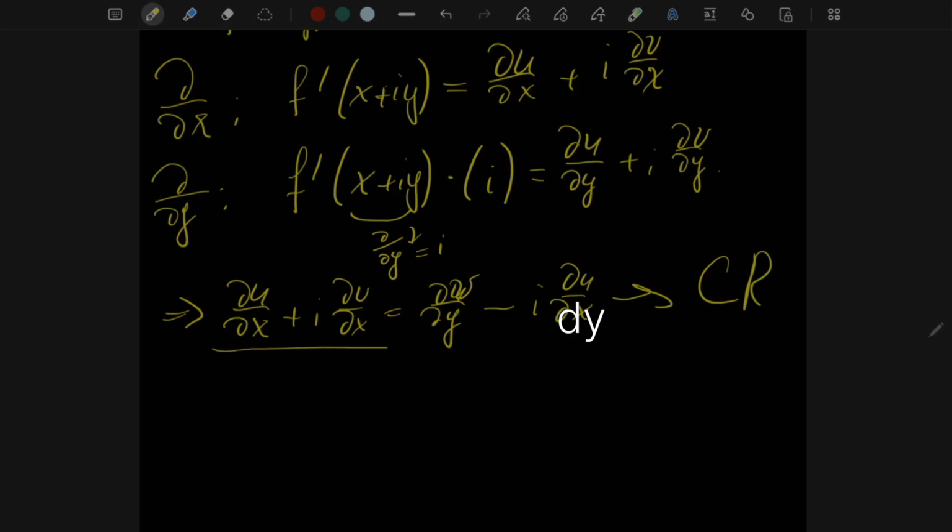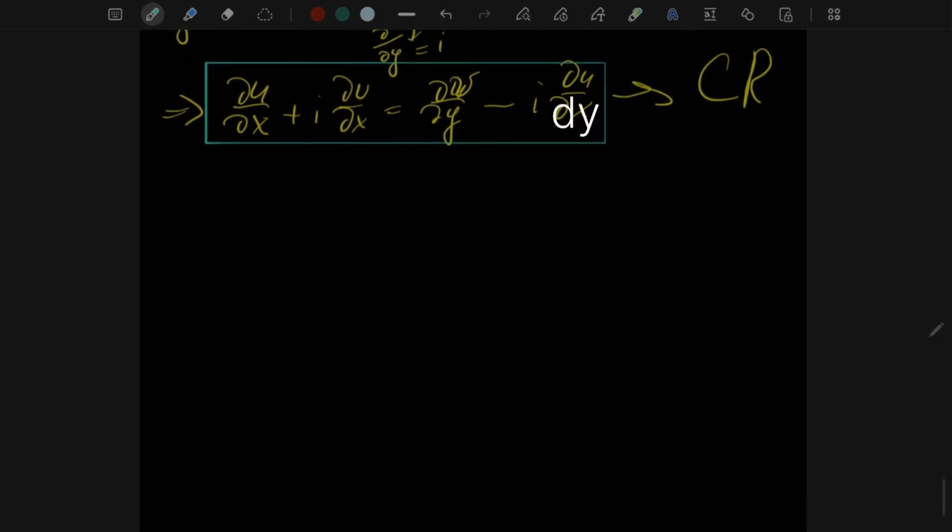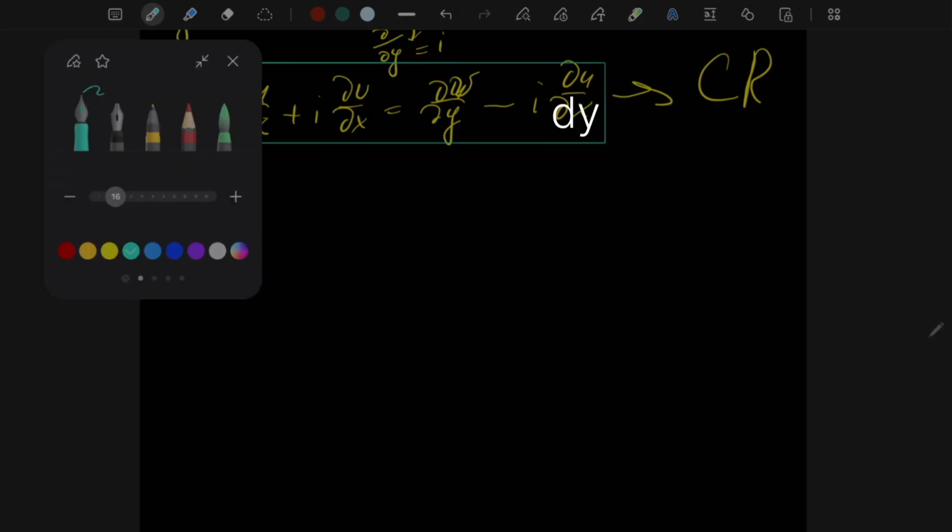So, by setting those derivatives equal to each other, which they indeed are, we get what we needed. So, we get the Cauchy-Riemann equations. Okay, and now let us actually look at the other forms of our function f.